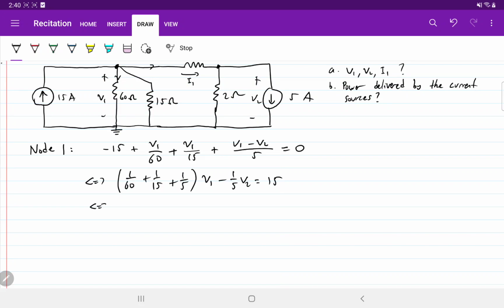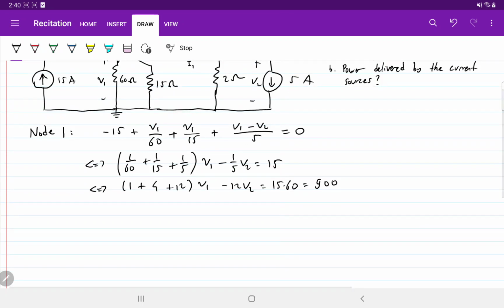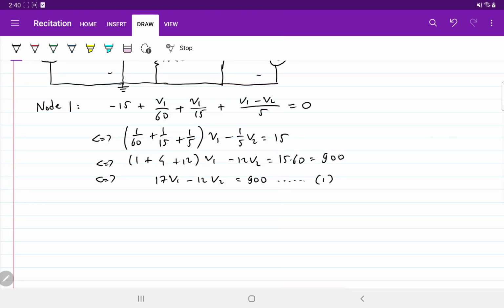So we get 1 plus 4 plus 12 V1 minus 12 V2 equals 15 times 60, which is 900. So this is 17 V1 minus 12 V2 equals 900, and let's call it equation number 1.